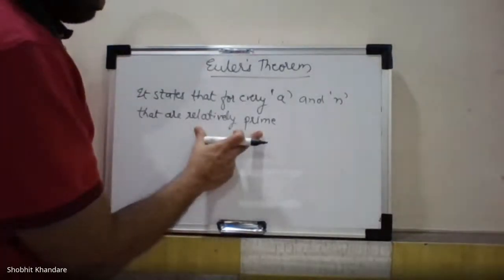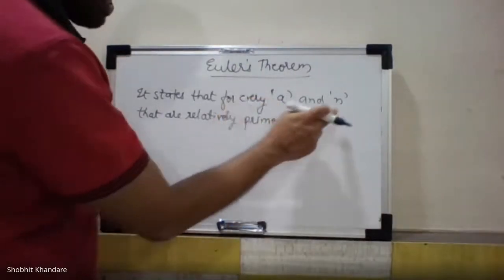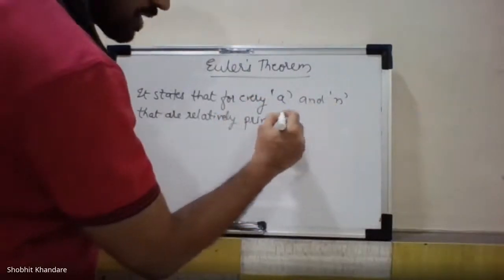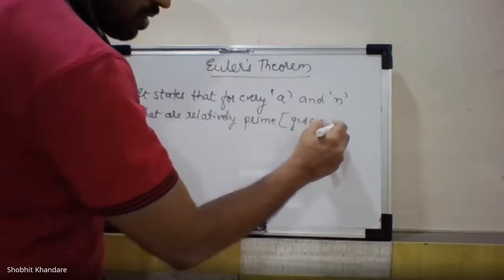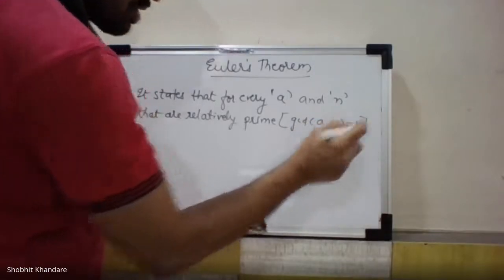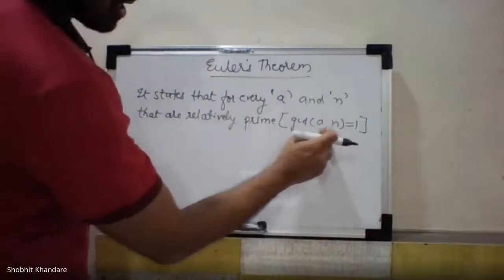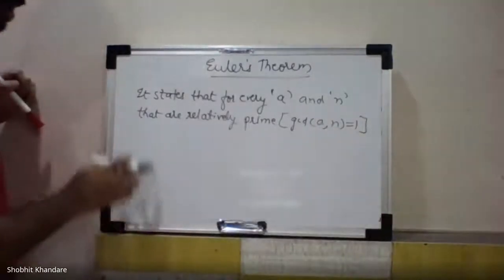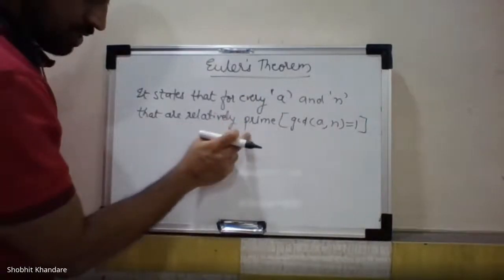Relatively prime here means their GCD should be 1. The GCD of a comma n should be 1. Relatively prime means their GCD of a comma n should be 1.